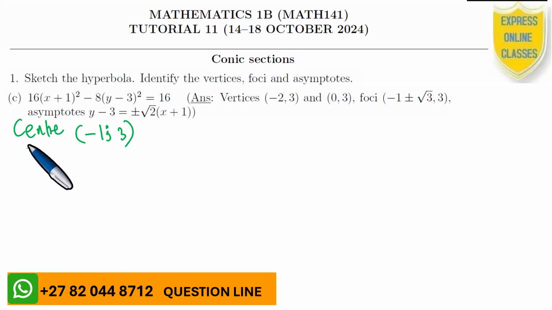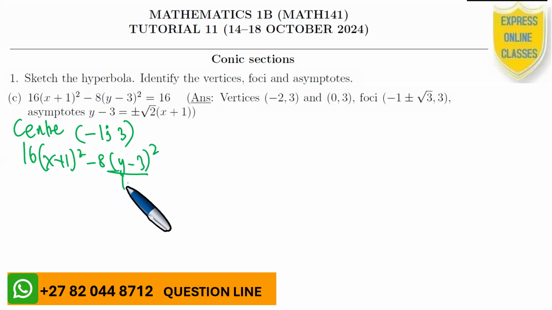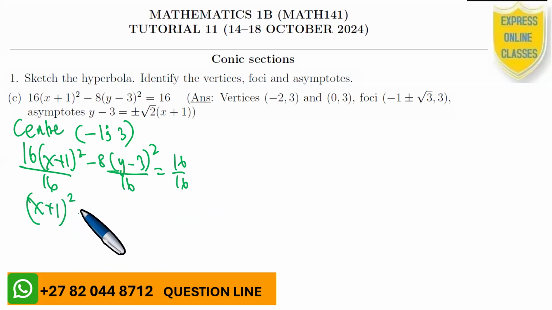The center is there. We have x plus 1, we square it; y minus 3, we square it, divide by 16. This is x plus 1 squared over 2, and it is equal to 1. So the center is -1, 3.